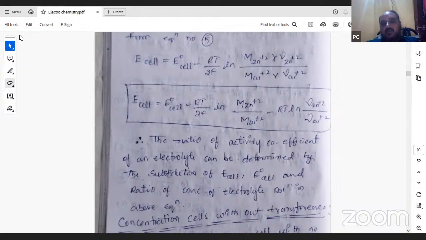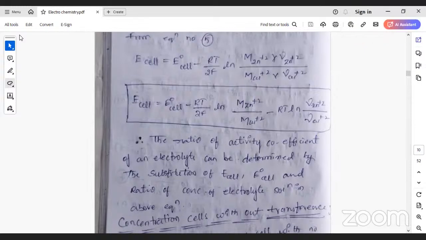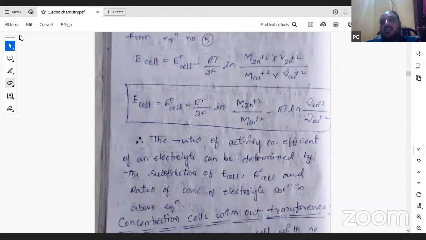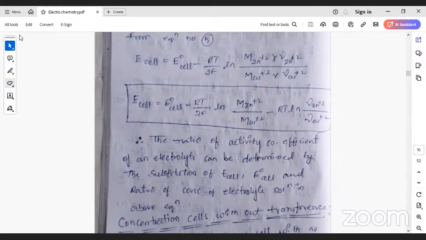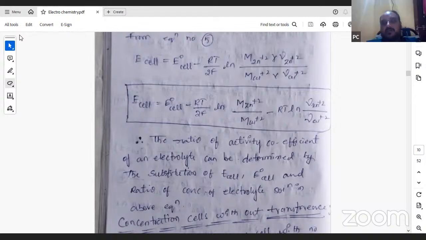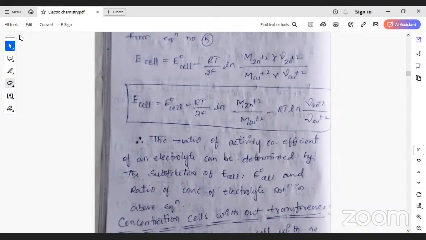So for such solutions, we have to consider the activity. Activity is nothing but concentration only. Concentration of non-ideal solutions. And in case of ideal solutions, directly concentration we can use. Right. Okay.